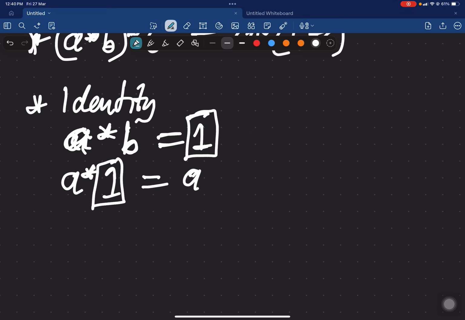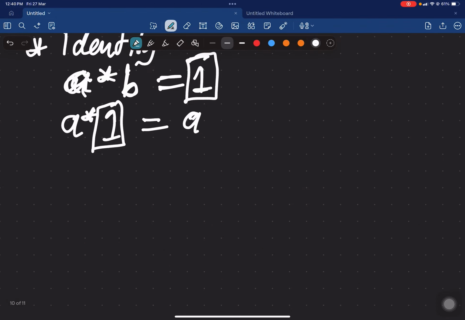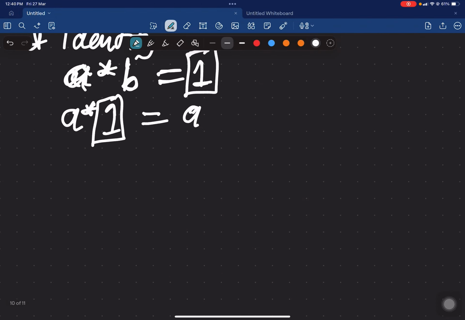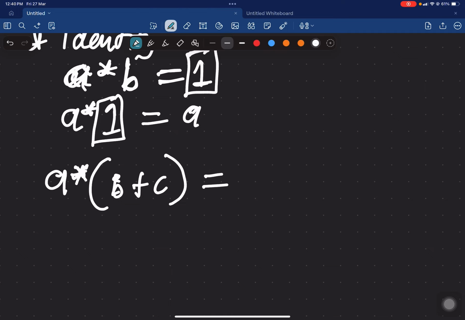Then let's look at the next property, called the distributive property of multiplication over addition. Distributive property means that you have, let's say, a multiplying b plus c. When you have something like this, solving it, usually we go by the method where we use a to multiply b and then a to multiply c.